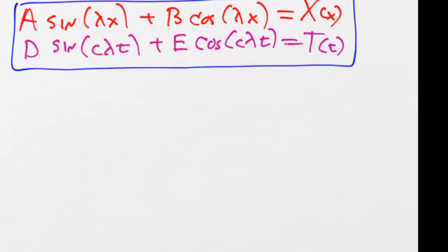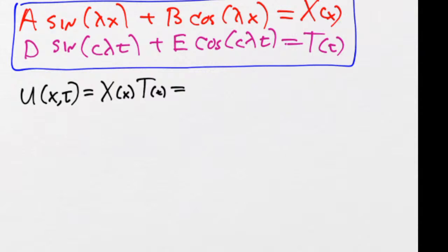All right, so with this in place, we can simply write down u of x and t. This is our answer, right? U of x and t is our answer. And we know that equals X of x times T of t. And now we know that it's going to be the product of this red and green function.